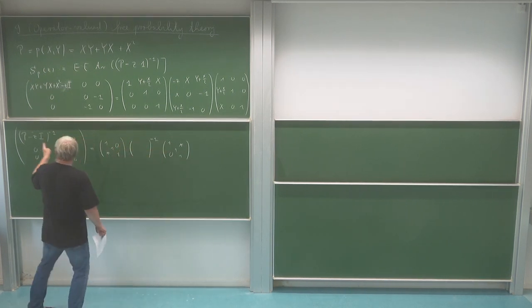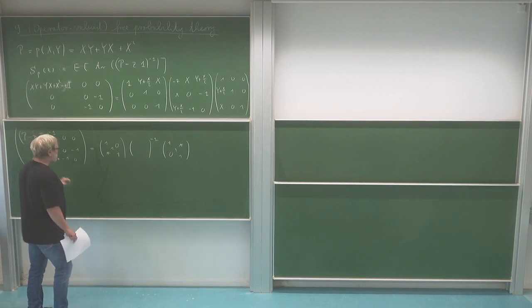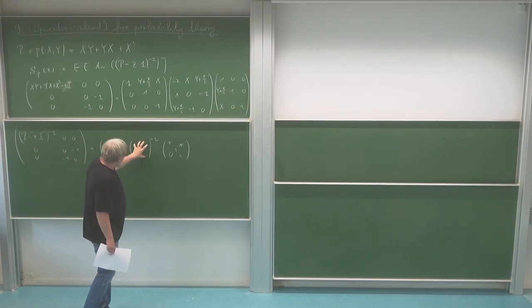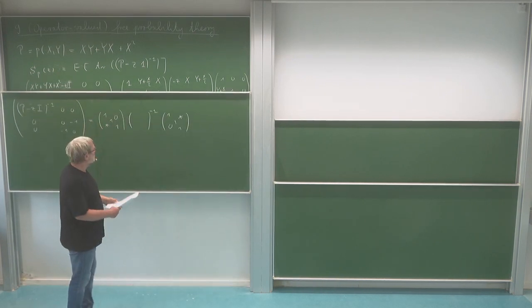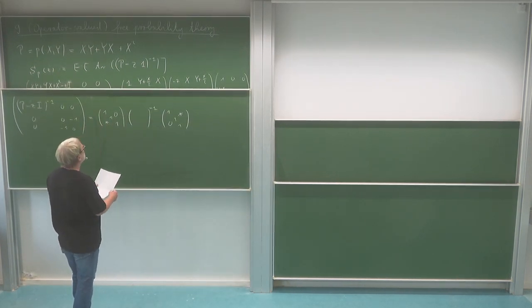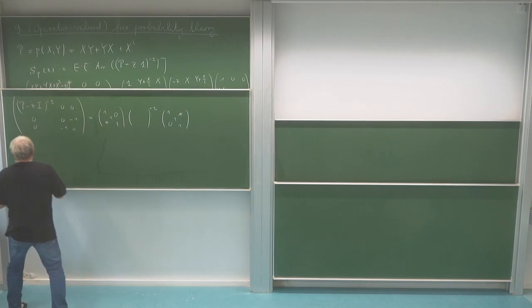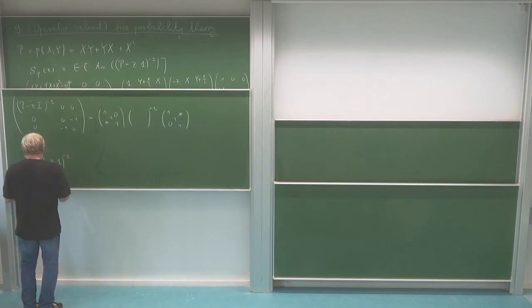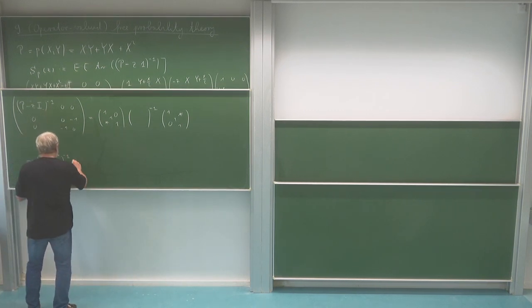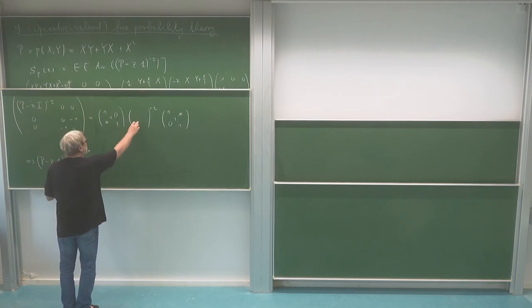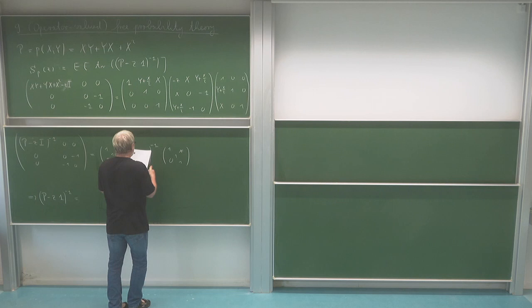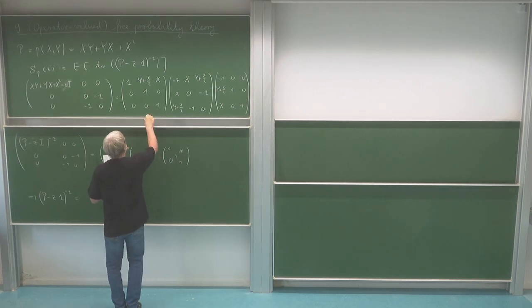So what I really want, namely the inverse corresponding to my polynomial, is actually the 1, 1 entry of this matrix here. Maybe I can write this matrix down again. So what I get is (P minus z times the identity) to the minus 1, the 1, 1 entry here. This is the 1, 1 entry of this guy here, and let me write this guy down again.